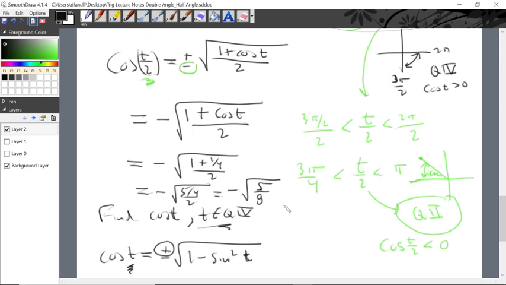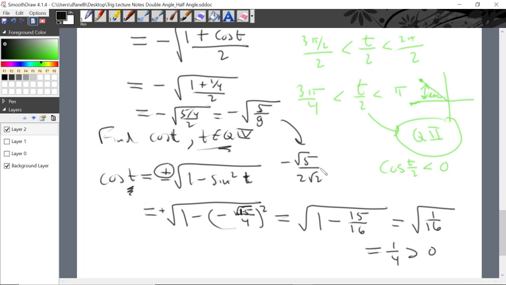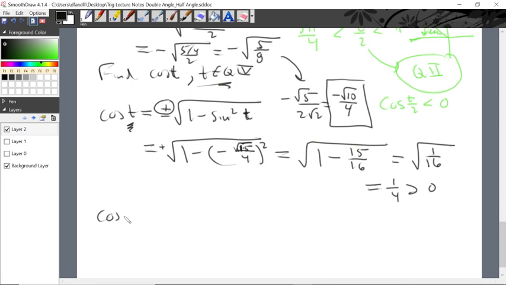That simplifies as negative root 5 over 2 root 2. We can rationalize the denominator by multiplying by root 2 over root 2, which gives us negative square root of 10 over 4. So the cosine of t over 2 is equal to negative root 10 over 4.